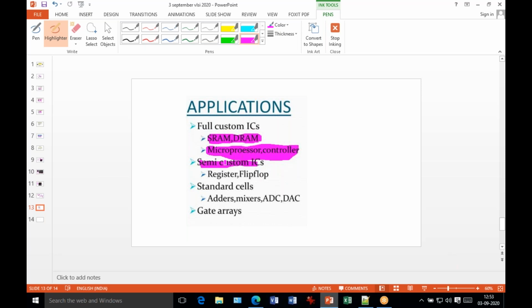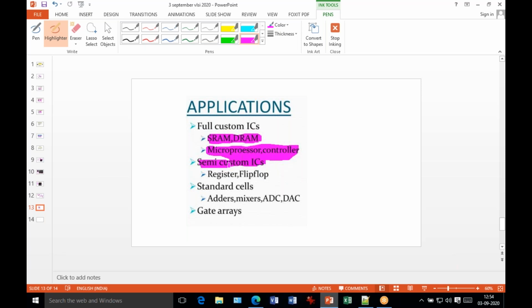And semi-custom IC. Semi-custom means whatever you design is not fully new. It is available. The library file is available in your EDA tool. The software EDA tool has provided some standard cells like NMOS or PMOS or NPN transistors or PNP transistors. You are calling this library only, and then you go for some design or some architecture.